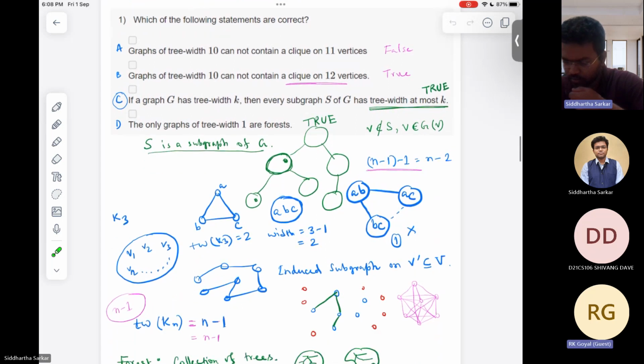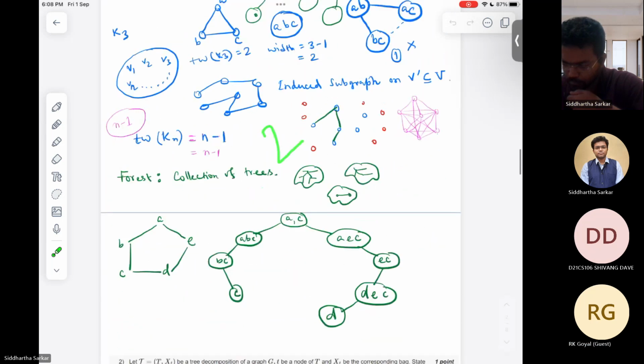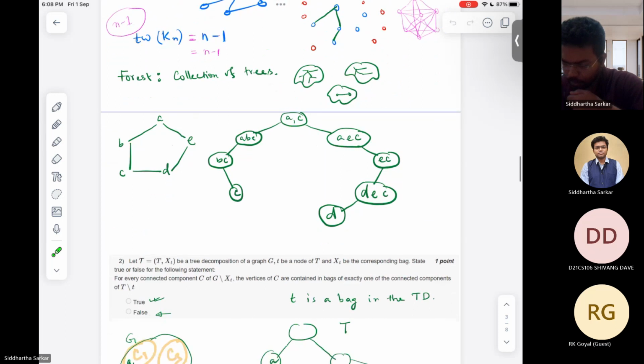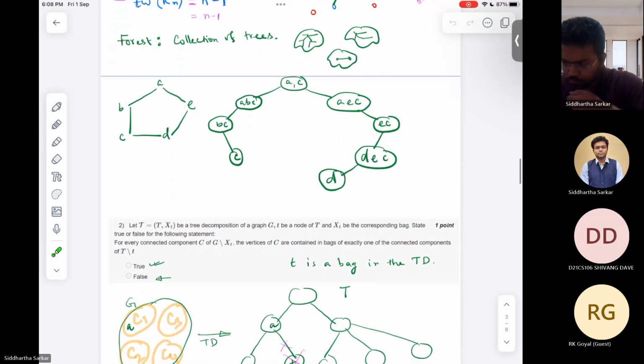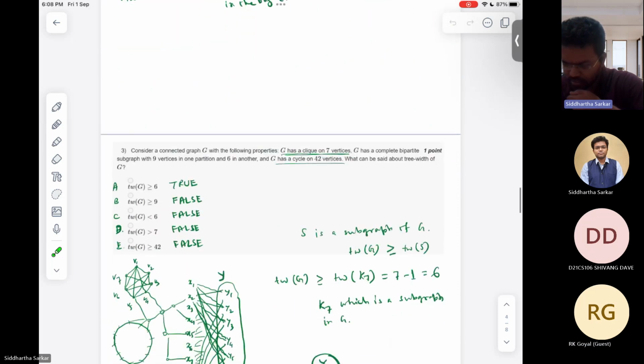Specifically, we saw that for a complete graph on n vertices, the tree width was n minus 1. For forests, the tree width was 1. For cycles, the tree width was 2. We solved a couple of examples on the same lines.